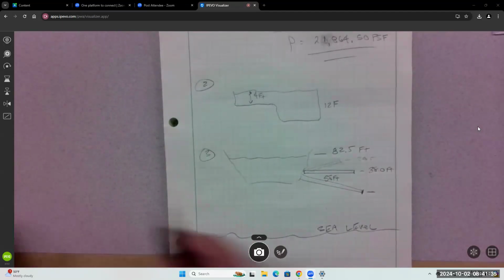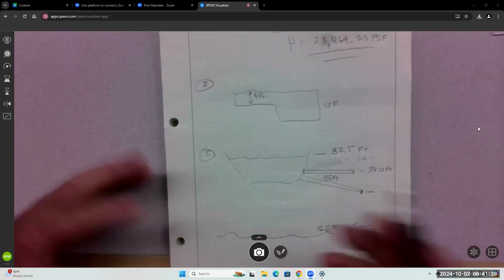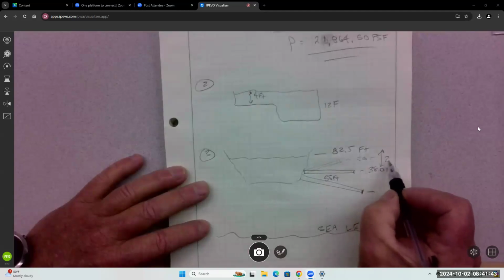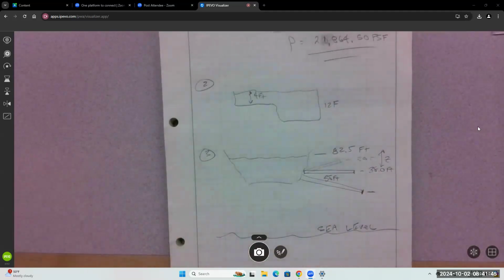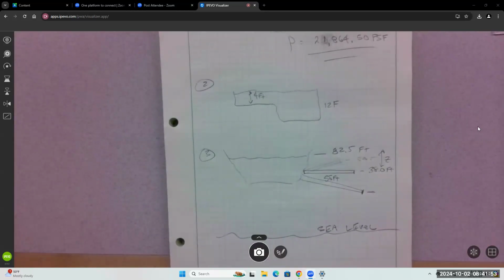So it really doesn't matter how you drew it. If you labeled all of these 38, that's what's important. The Z dimension ends up being the difference between the top of the water and where this cap is. Doesn't really matter what the pipe does, because they want to know pressure. Is that true? Yeah.